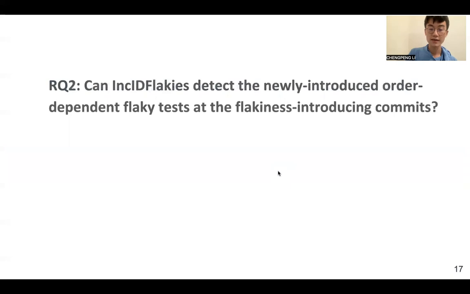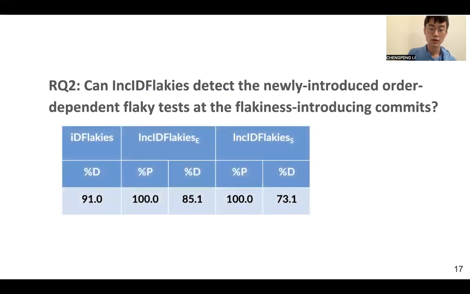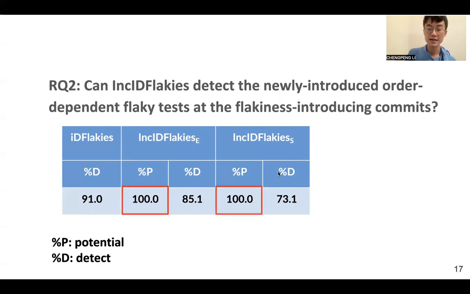RQ2. Can ink-ID Flakys detect the newly introduced order-dependent Flaky tests as the flakiness introducing commits? We refer to P as the potential to detect the order-dependent Flaky test, and D as detecting the order-dependent Flaky test within 10 test orders. Both ink-ID Flakys E and S have the potential to detect 100% of order-dependent Flaky tests.